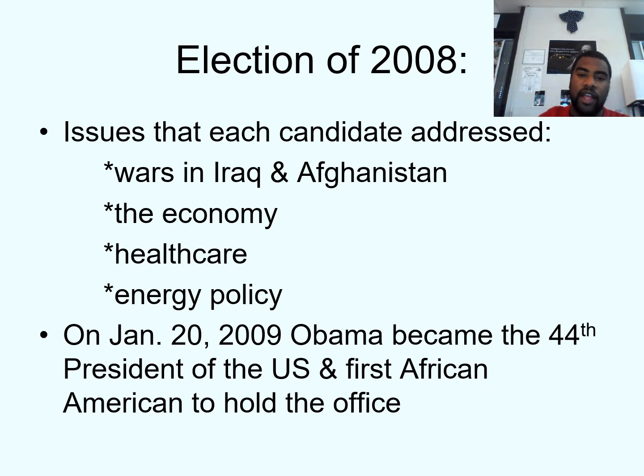Issues that each candidate addressed were wars in Iraq and Afghanistan, the economy, healthcare, and the energy policy. On January 20th, 2009, Barack Obama became the 44th President of the United States and first African American to hold the office as he won the 2008 election over John McCain.